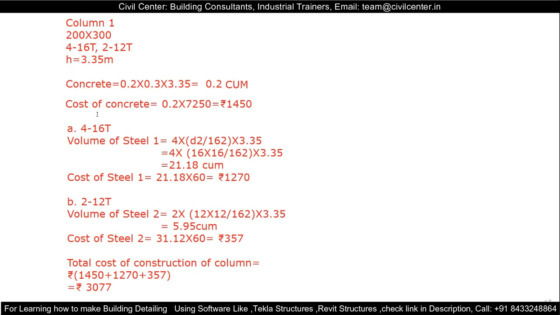Now what if I am changing the size of the column? If I increase this by 2 inches over here, I will start with the column 2, and here we have 250 multiplied by 300.